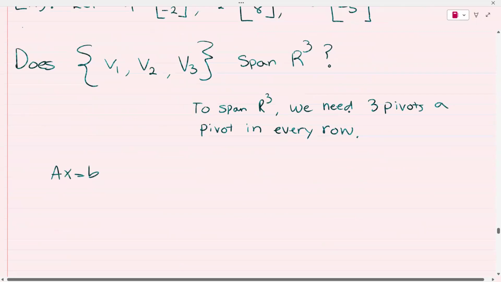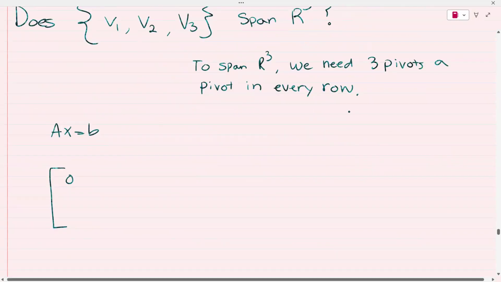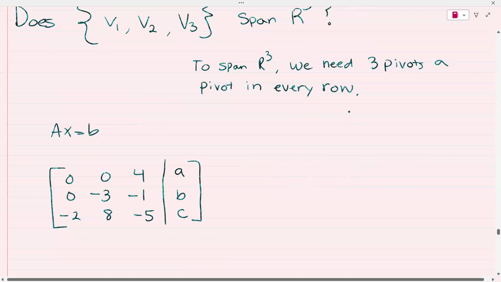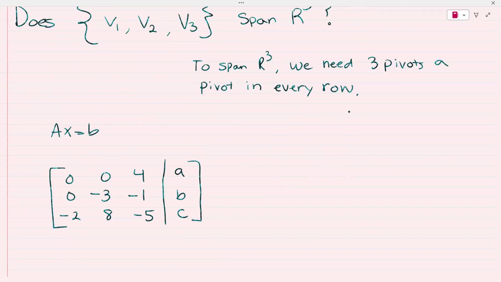So it would be 0, 0, -2, and then this would be 0, -3, 8, 4, -1, -5, and vertical straight line, and then this would be A, B, C. Okay, so maybe what we could do is, I don't want those zeros.